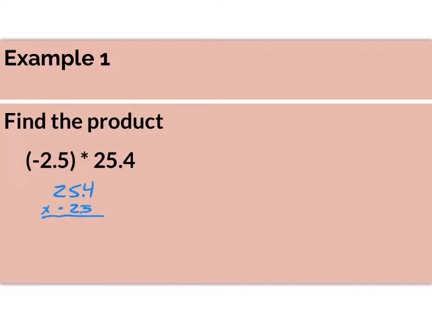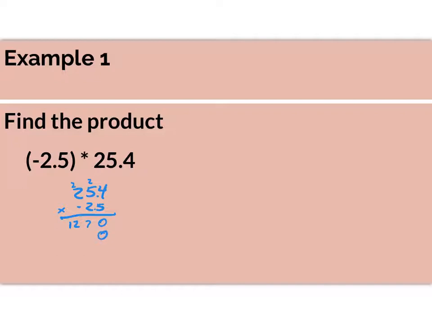So let's do the math on the next page. So 254 times 25, negative, and we're multiplying. Okay, so 5 times 4 is 20. 5 times 5 is 25, plus 2 is 27. 5 times 2 is 10, plus 2 is 12.